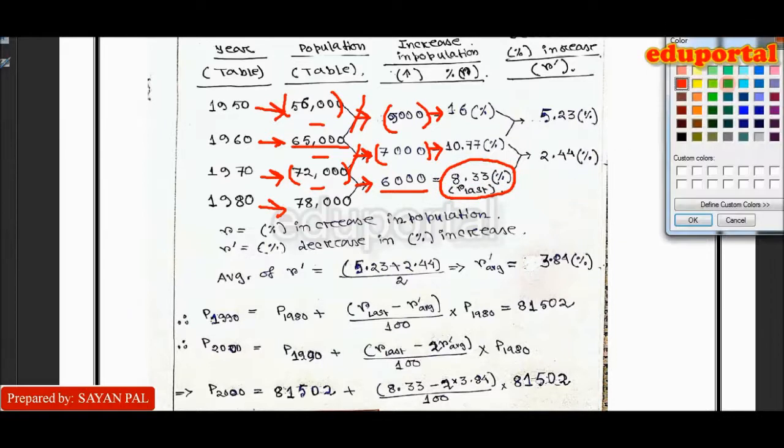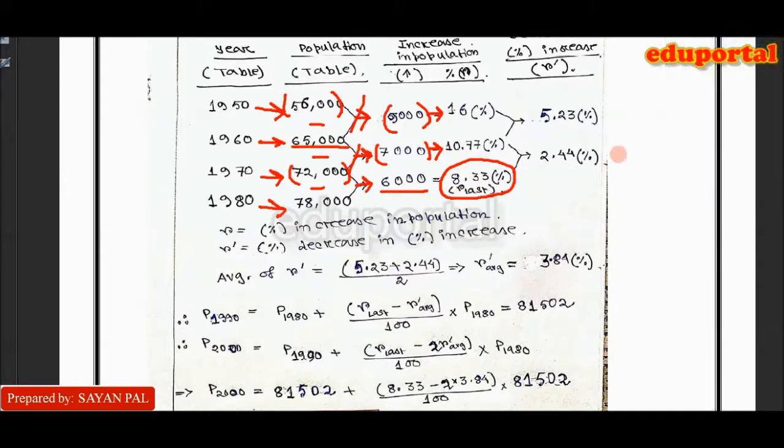Now we have to take the percentage decrease. This is the percentage increase from 1950 to 1960, this is the percentage increase from 1960 to 1970, and this is the percentage increase from 1970 to 1980.